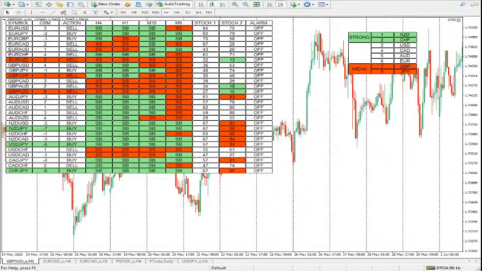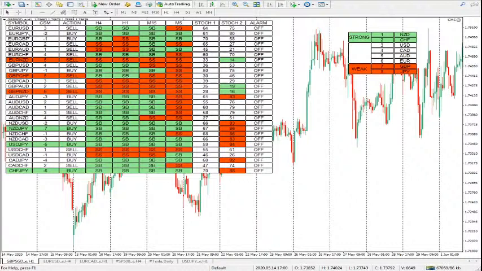Let's look at what we expect based on the trend. So based on the trend, we have Euro being in an uptrend.